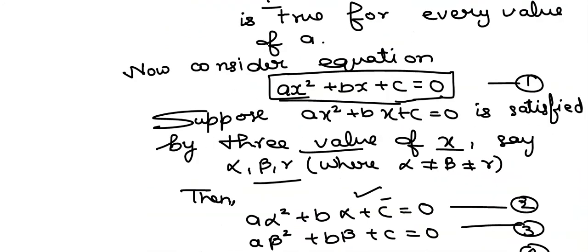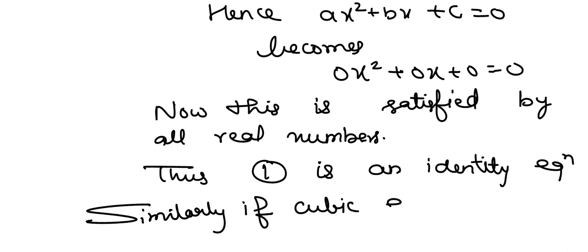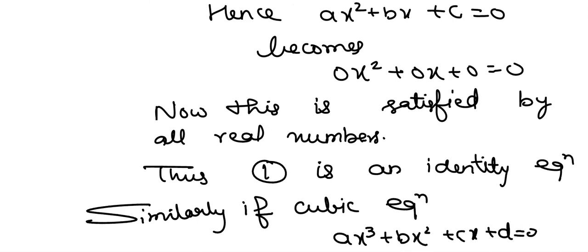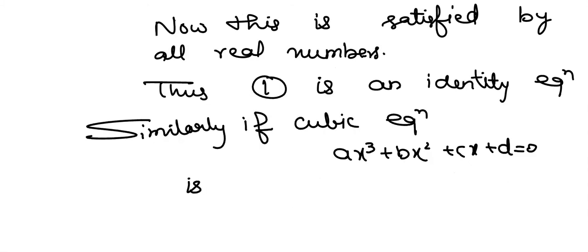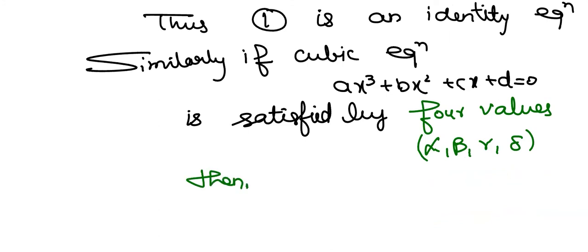Similarly, if a cubic equation ax cube plus bx square plus cx plus d equal to 0 is satisfied by 4 different values, and you can say 4 values means alpha, beta, gamma, delta. These are the 4 different values, then a, b, c, d is equal to 0.